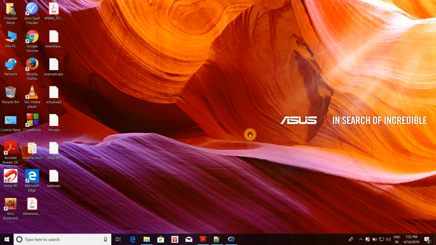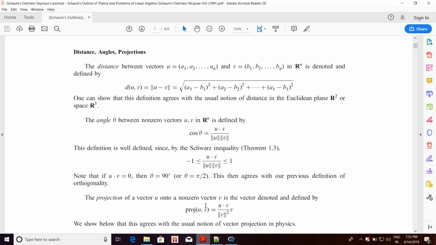Hello everybody. In today's lecture, we are going to learn how to calculate the distance, the angles, and the projections in R. First we will calculate the distance between two vectors u and v.